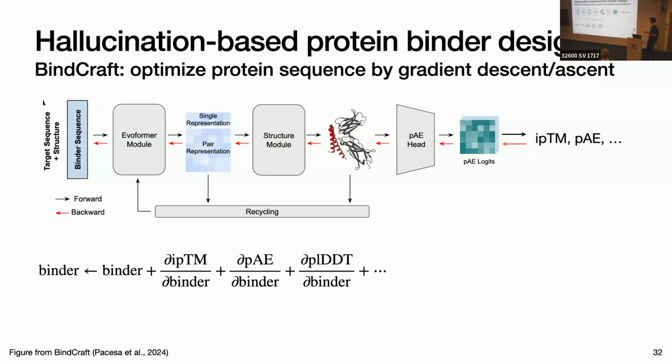Assuming these scores are good, you do this iteratively. This is the workflow of BindCraft, built on AlphaFold 2: you do backpropagation and calculate the gradient of these in silico scores with respect to your binder sequence, and do iterative gradient ascent, right? If you want to maximize your score, you can come up with a series of these scores.